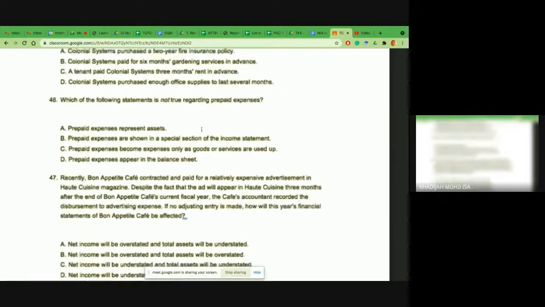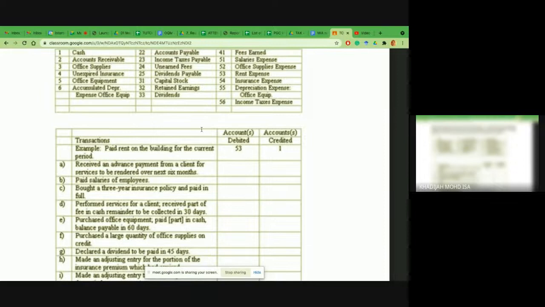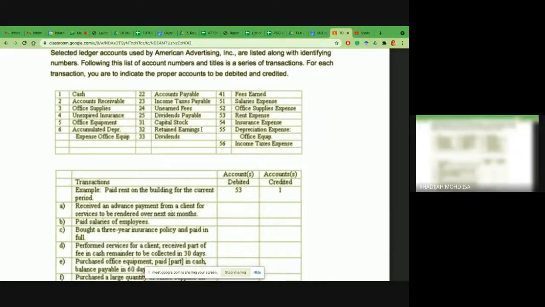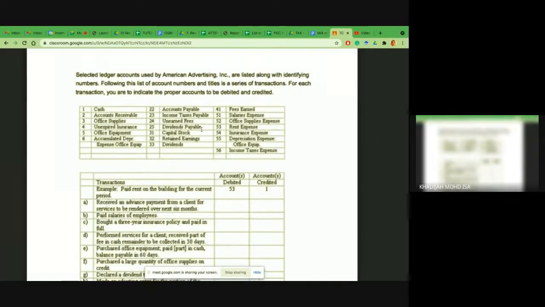Alright, which question? Okay, this one. Okay. So this is an example of, what is this? Okay, let me check. It doesn't want to share the screen.